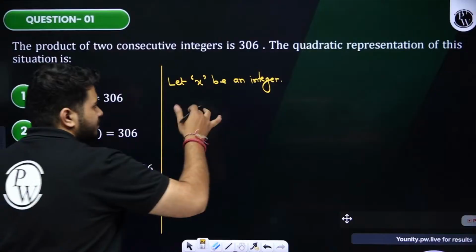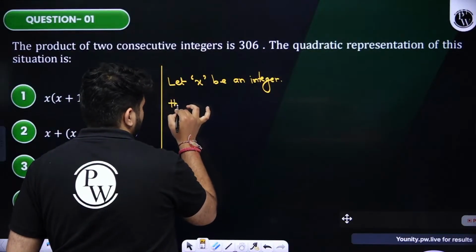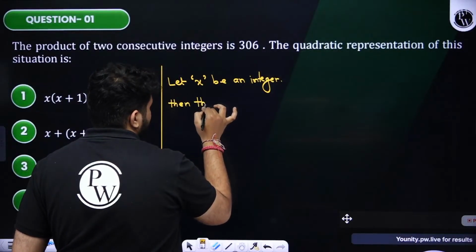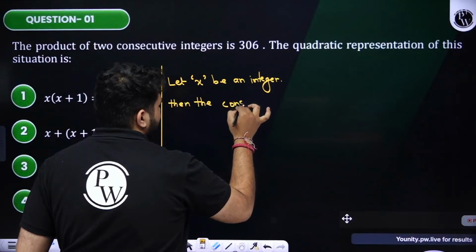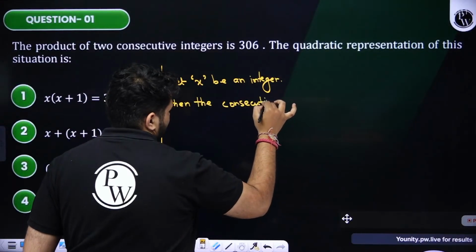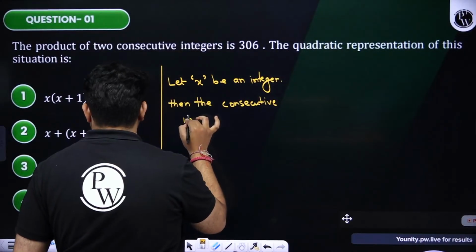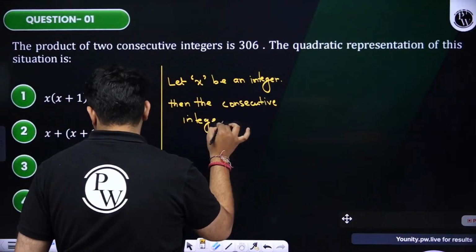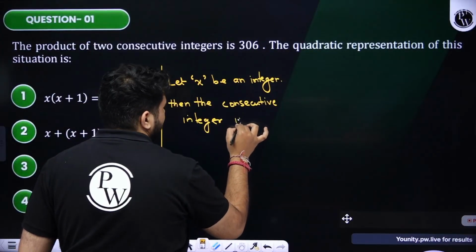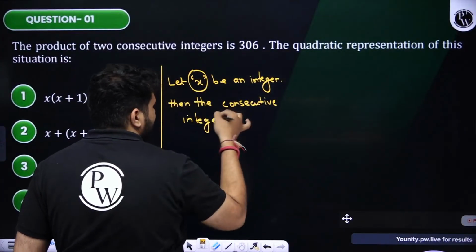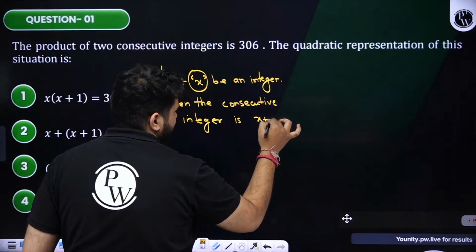Let x be the integer. Then the consecutive integer is, clear, it is a simple problem. x is the integer, so what will the next consecutive integer be? x plus 1.